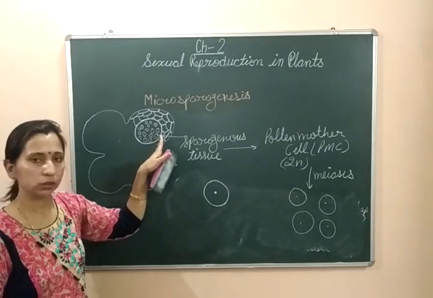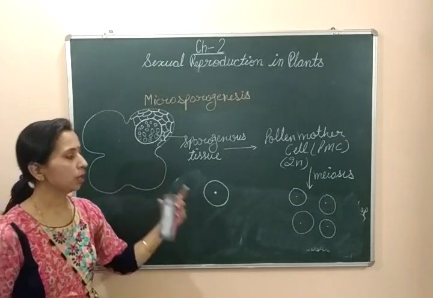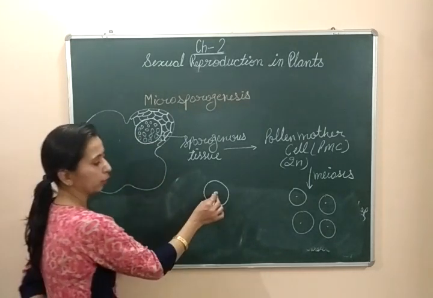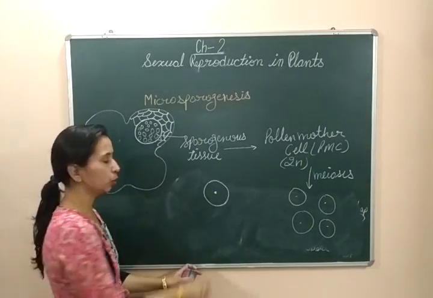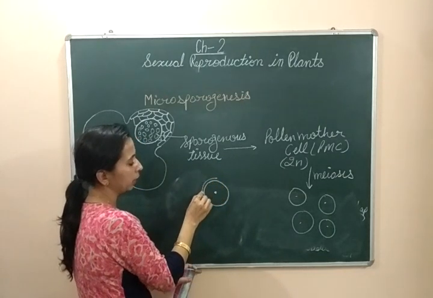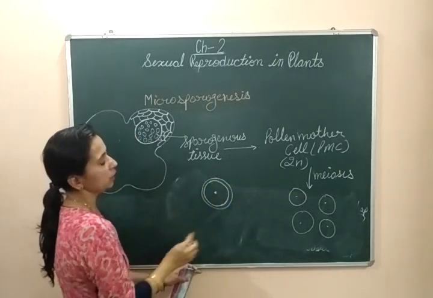is the innermost layer, and it is nutritive in nature. Besides giving nutrition, it also helps in the formation of the enzyme. This is the microspore, and this layer is the plasma membrane of the microspore. Outside this plasma membrane, it secretes one more layer, the intine.